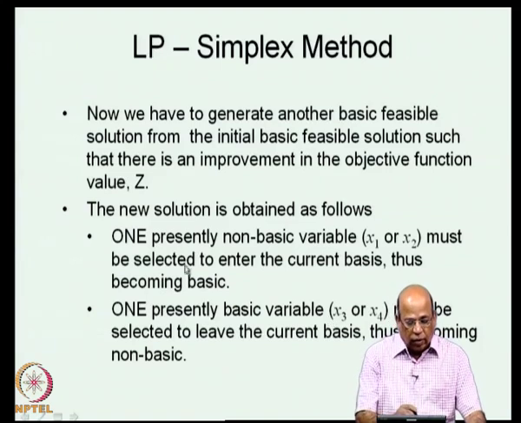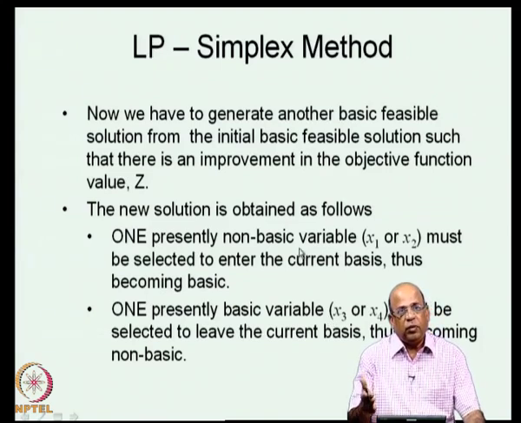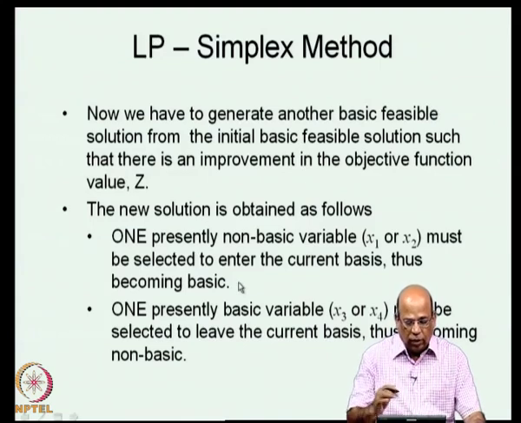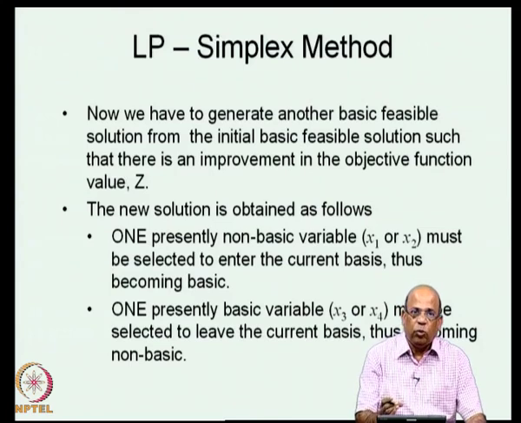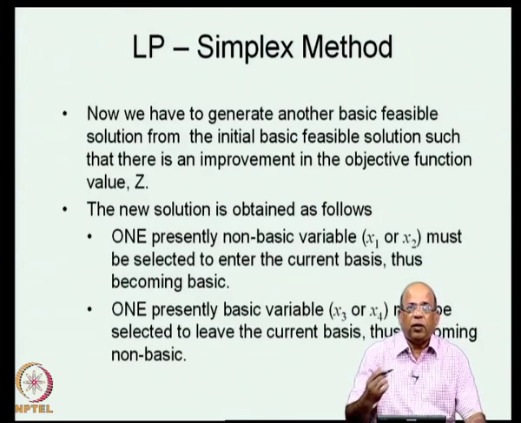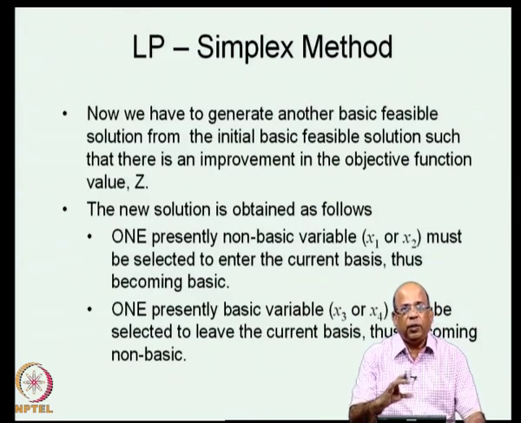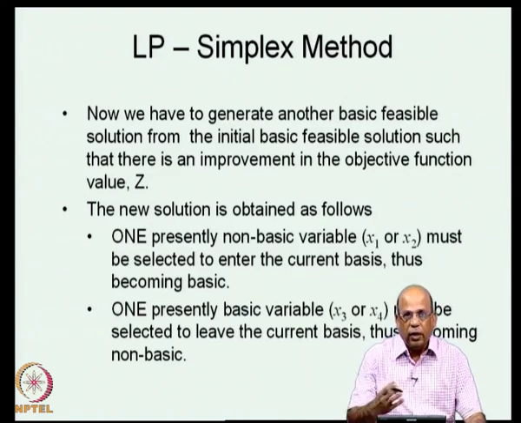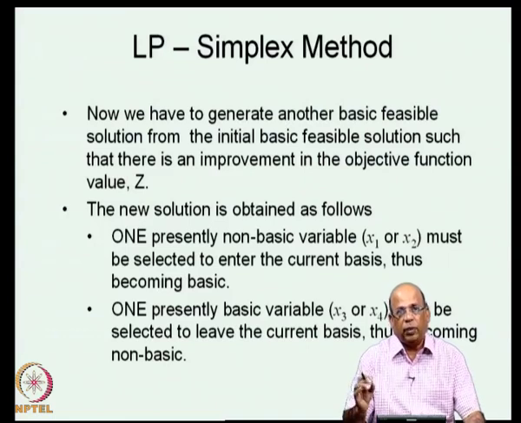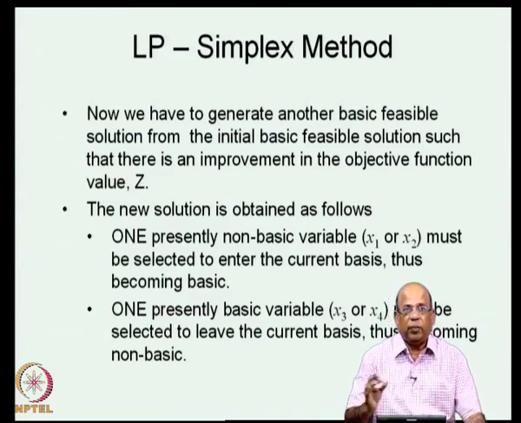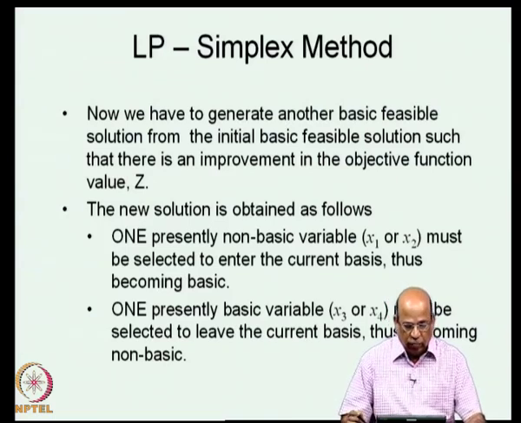One currently non-basic variable, which is either x1 or x2, must be selected to enter the current basis, and one currently basic variable should make way for this entering variable. So, we have to identify which among the currently non-basic variables enters the basis and which among the currently basic variables exits the basis, departs the basis. Now, this is what we do in this case.